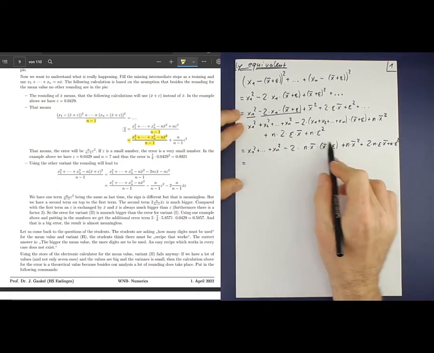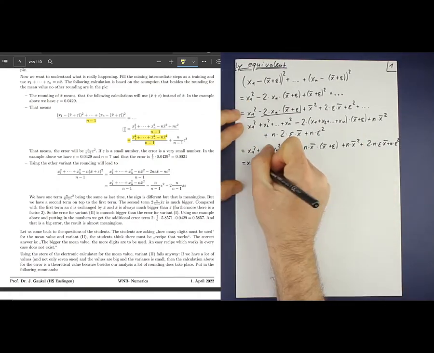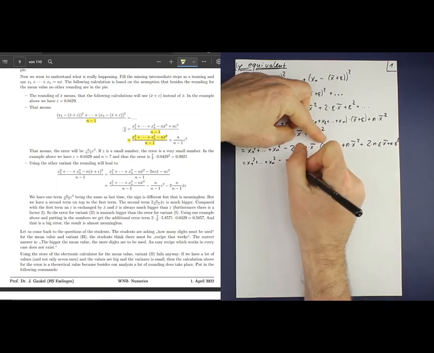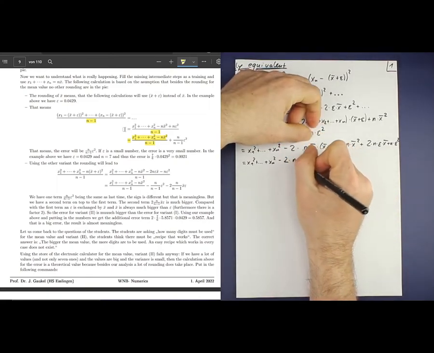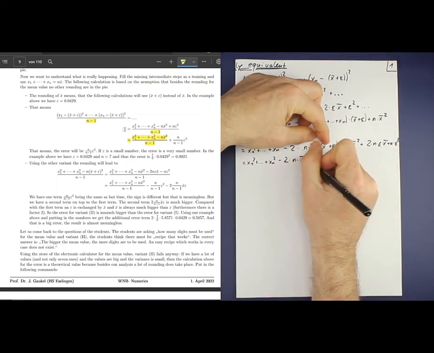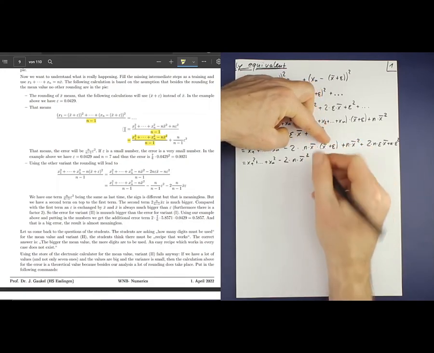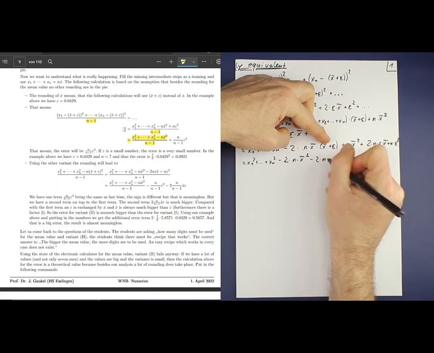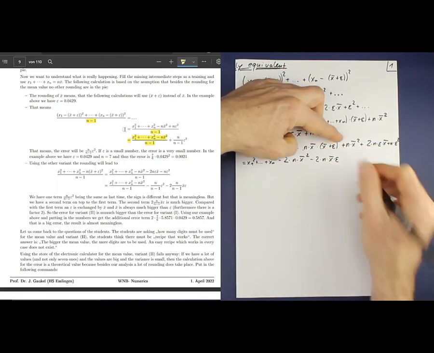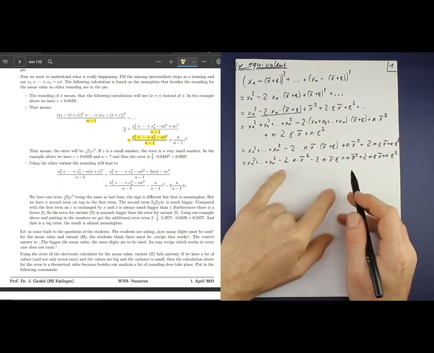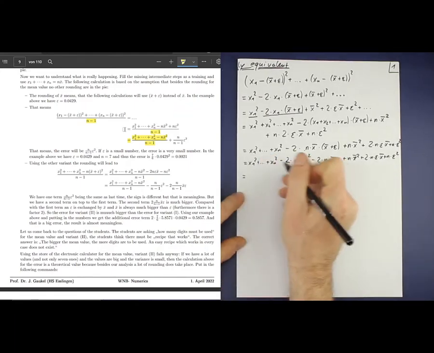Okay, so what can we do now? We can write here minus 2 times n times the mean of the values squared, minus 2 times n times that. Okay? And now what happens? Here nothing.